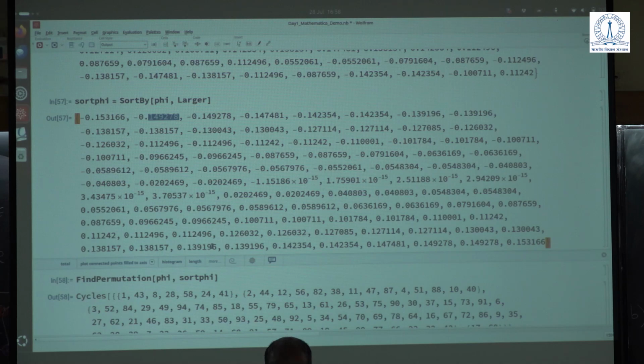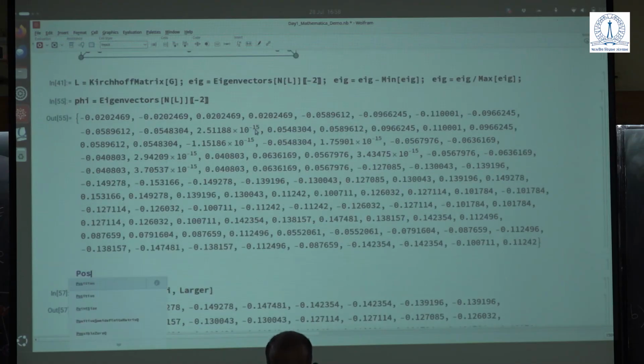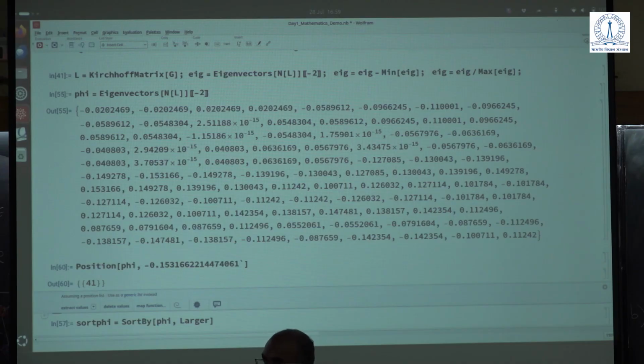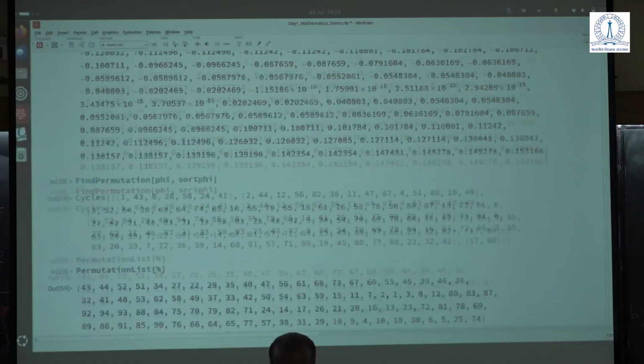Okay, anyway, let's check the largest value. I'll just find the index or position in phi of this largest or smallest number. So it's moved the 41st thing to the first position.